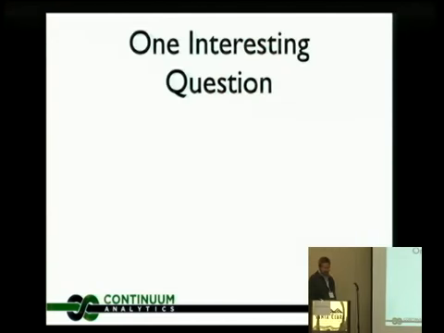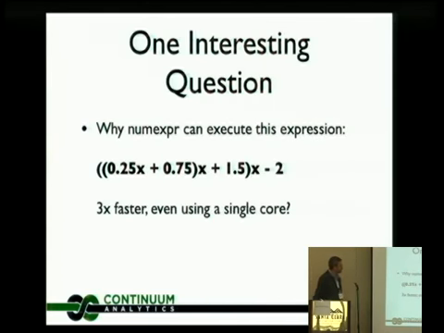So the question that remains is why numexpr can execute this expression in our case 4 times faster than using a single core. NumPy and numexpr are executing exactly the same operations, the same number of operations. Numexpr is not able to optimize this function anymore. Okay? And the operations are being done in C space.